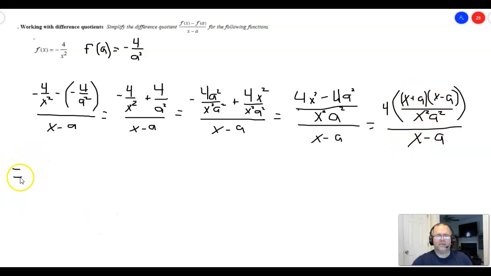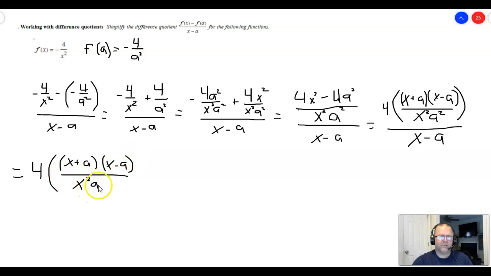And remember, when I'm dividing with fractions, I can multiply by the reciprocal of the denominator. So this is going to be equal to 4 times x plus a times x minus a, all over x squared a squared.